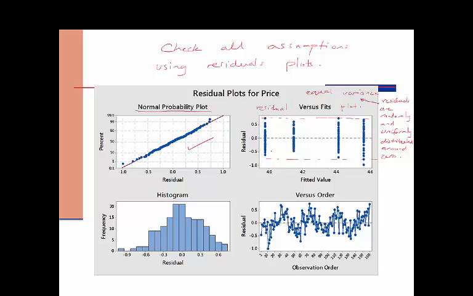Okay, what you're looking out for are residual plots that look like data increasing in this kind of pattern, or data decreasing in this kind of pattern, or if there is some kind of pattern going up and down or down and up.